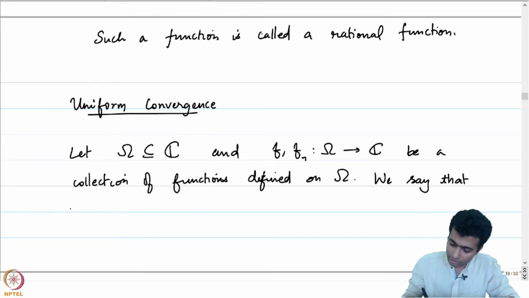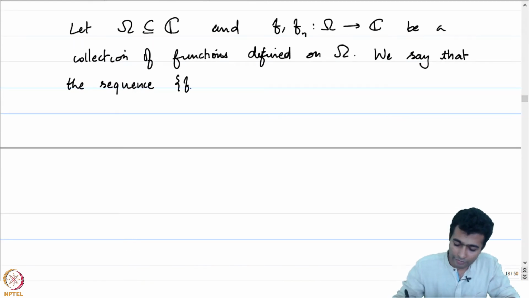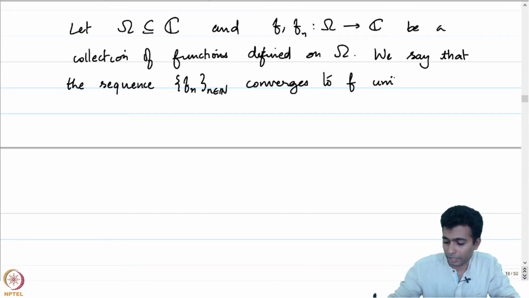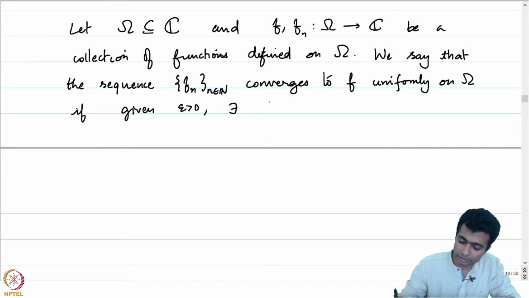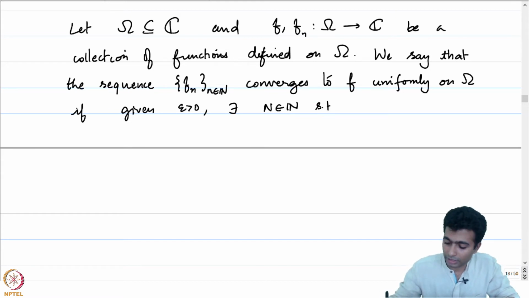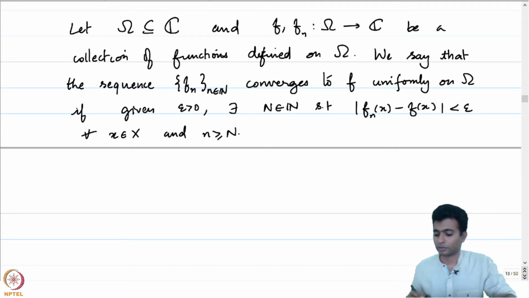So we say that the sequence Fn converges to f uniformly on omega if, given epsilon positive, there exists some n in natural numbers such that the absolute value of Fn of x minus f of x is less than epsilon for all x in omega and n greater than or equal to capital N. So this n does not depend on the point x, it just depends on epsilon.